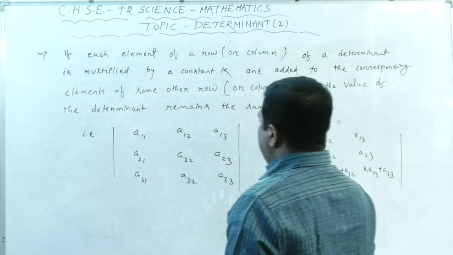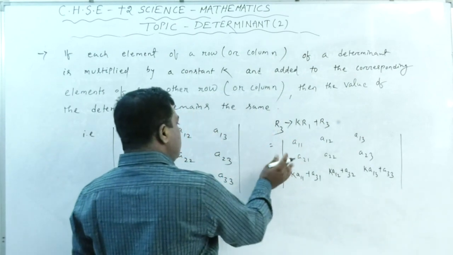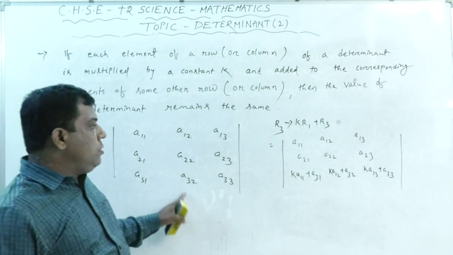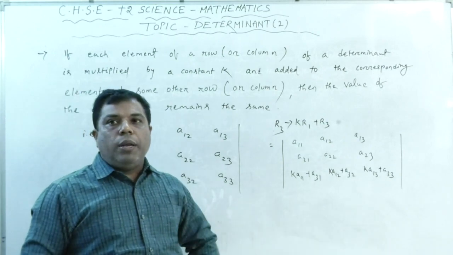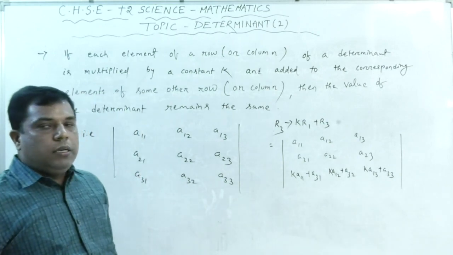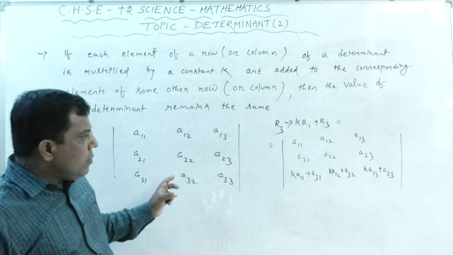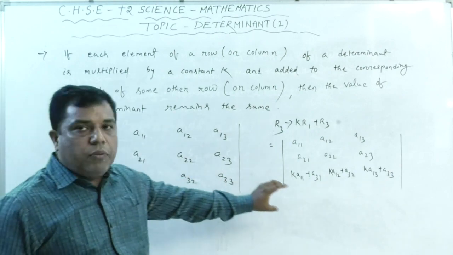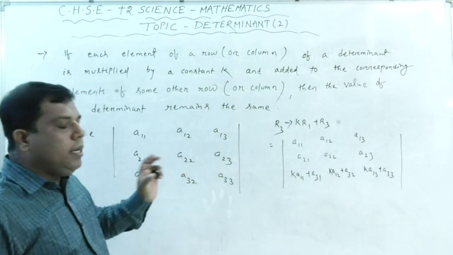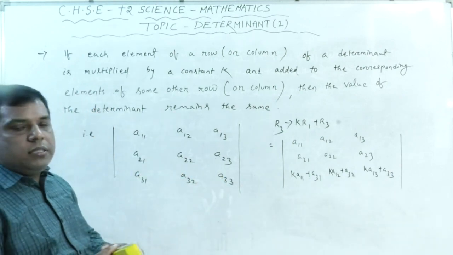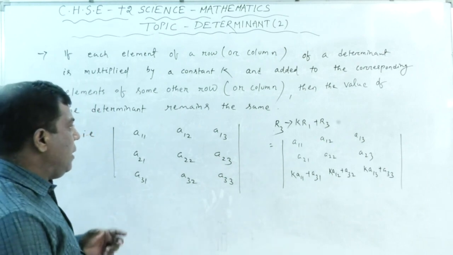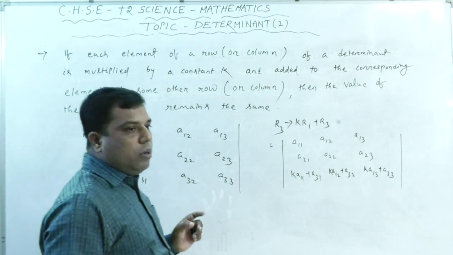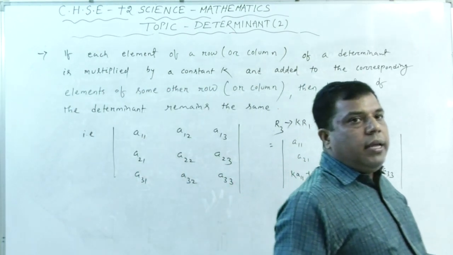So in this way, though it is totally different from that one, the value of this determinant is equal to the value of that determinant. We will go for one example also, but this is one of the very important properties of determinants. Please make a note of this first, then we will go for the example.